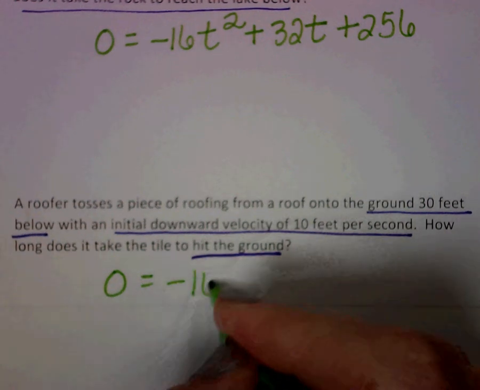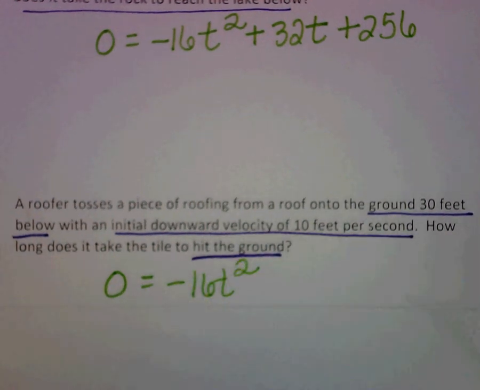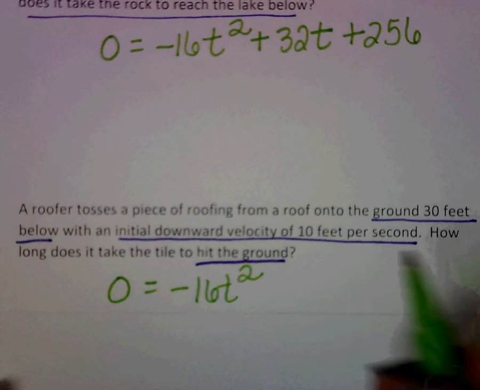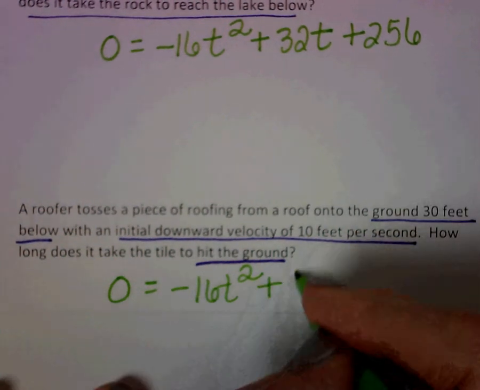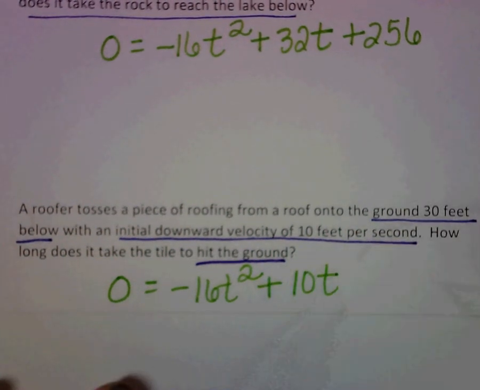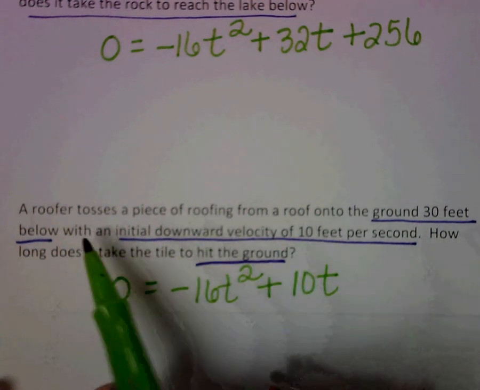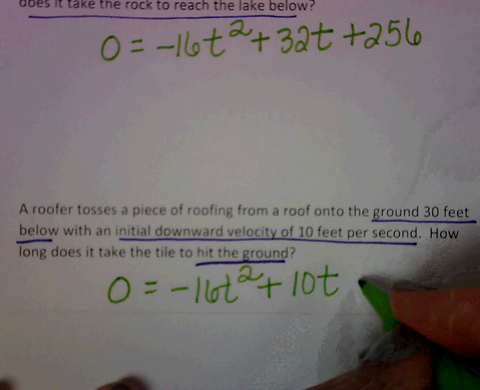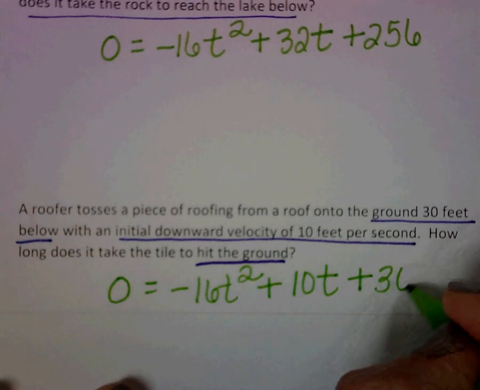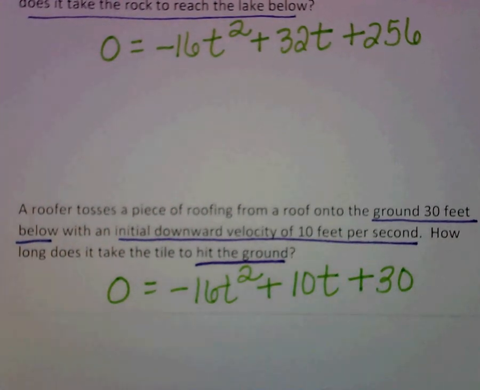We're still looking for the time, so negative 16t squared. Our v is 10 feet per second, so plus 10t. And then it says that the ground is 30 feet below, so that must mean that the roof is 30 feet higher. So we're starting at a height of 30 feet. Okay, so again, look at your equation. What method do you think would be the best and easiest for you to use to solve this?